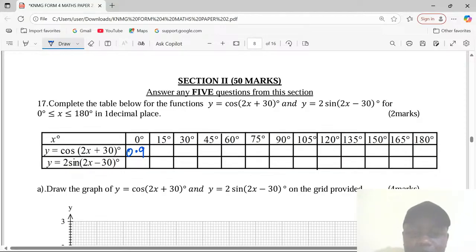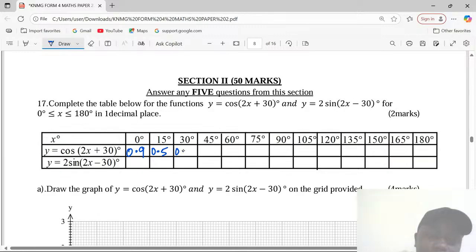The next, which is 15, I first write 2 into 15, then I add 30. I'm getting 60. So I need the cosine of 60 now, which is 0.5. It's already to one decimal place. I compute again, 2 times 30, then I add 30. I'm getting 90. So I need the cosine of 90, which is usually 0.